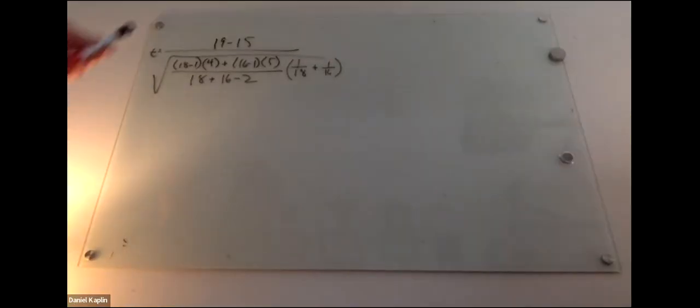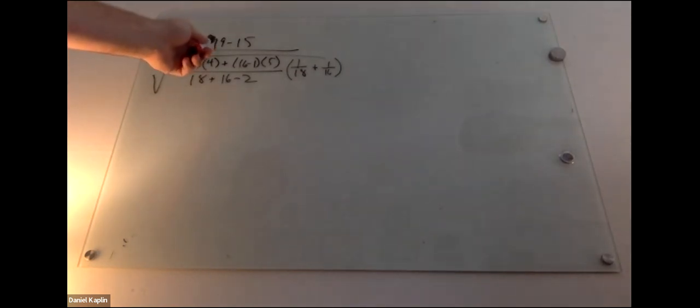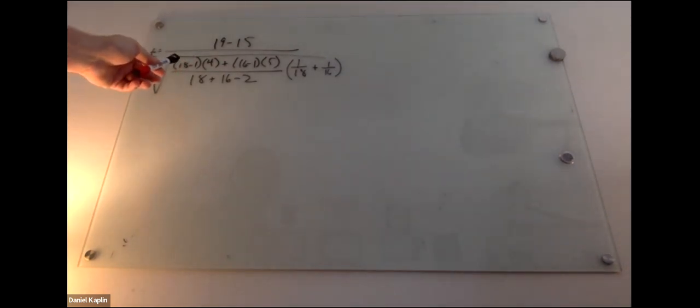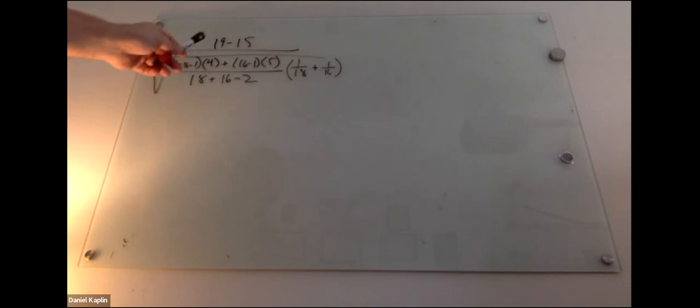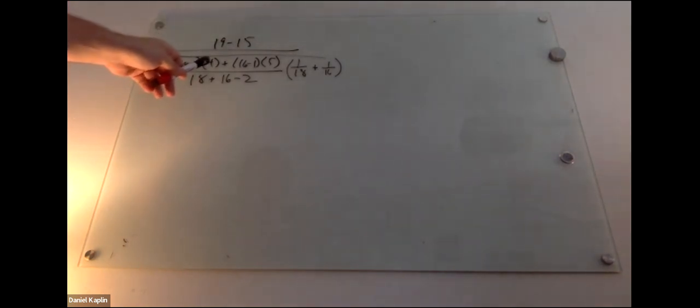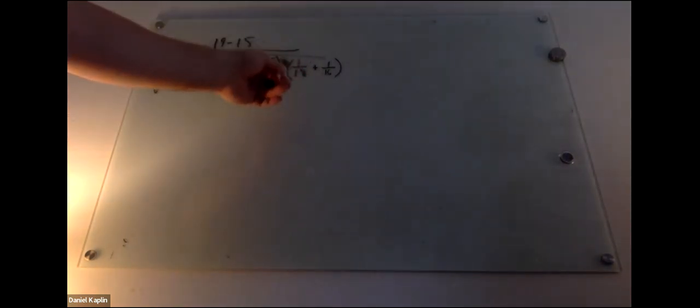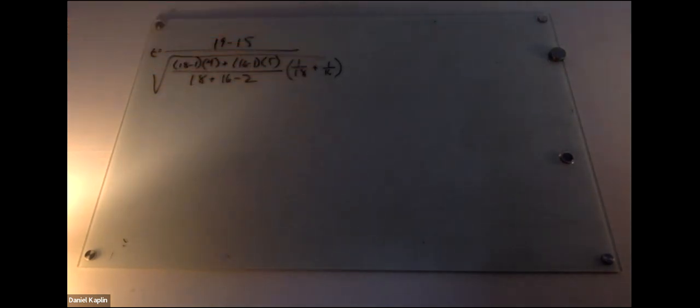Okay, so I just put the independent samples t-test on the board. This is group 1's mean minus group 2's mean. Then we have n1 minus 1, which is the sample size for group 1, 18 minus 1, times its variance, which is 4, plus n2 minus 1, which was 16 minus 1, times 5, divided by our degrees of freedom, times 1 over n1 plus 1 over n2.